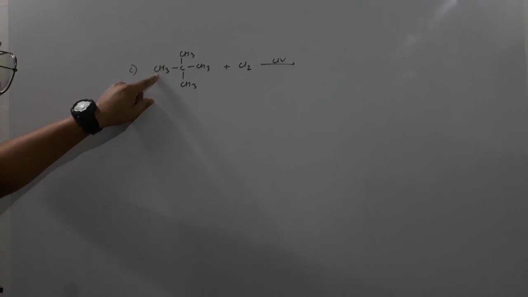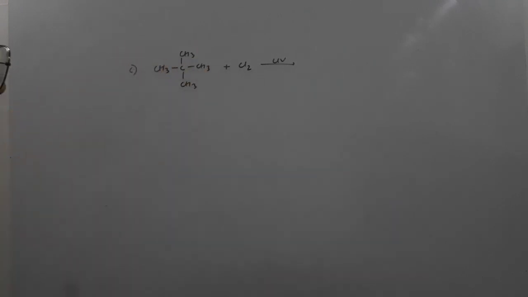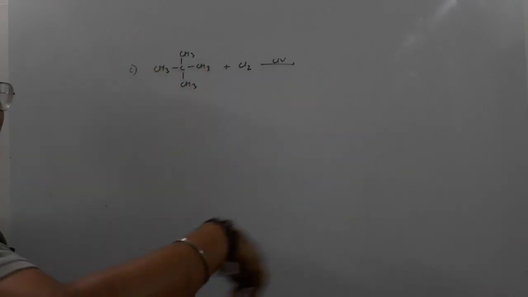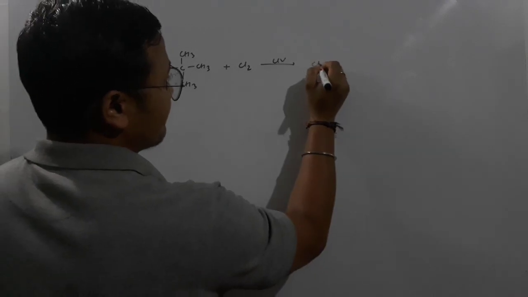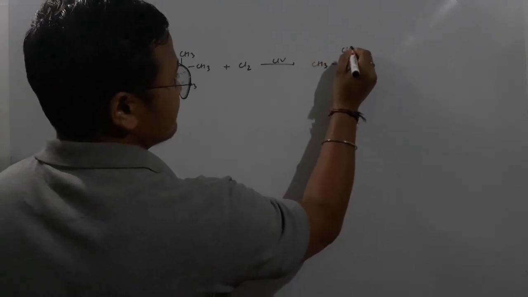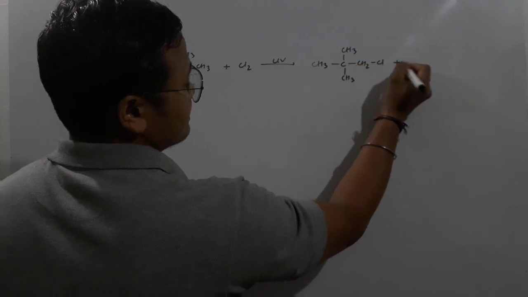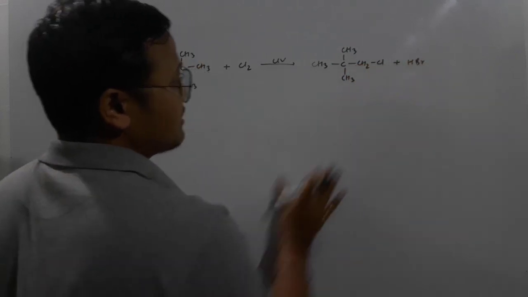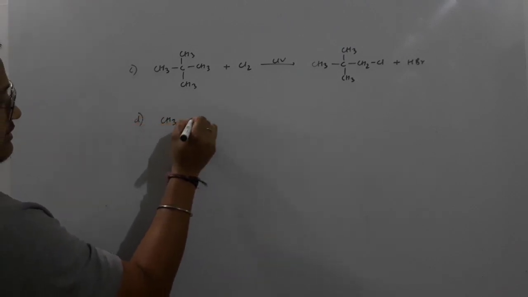So this CH3, this one, this one, this one, they are having the same environment. So among these 4 carbons we will write only one product. Clear guys? We will write only one product. So CH3, CH3, CH3, CH2Cl plus HBr, and this is our major product. So you try this example, okay?